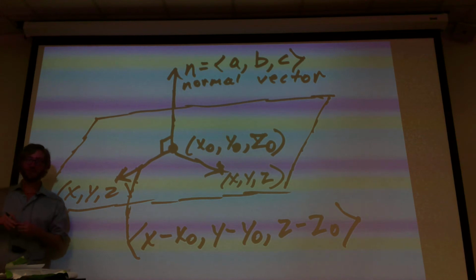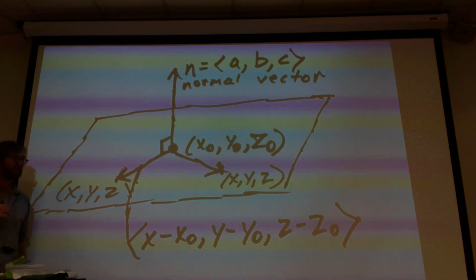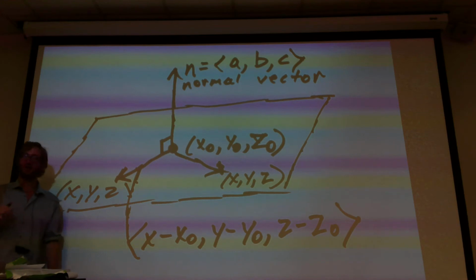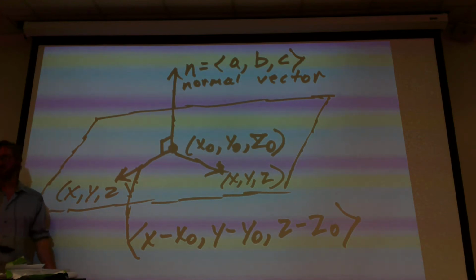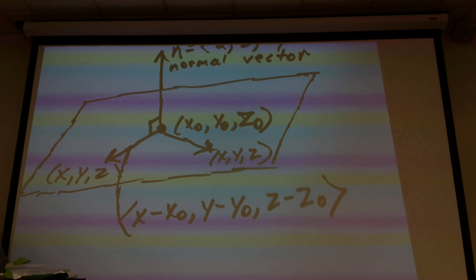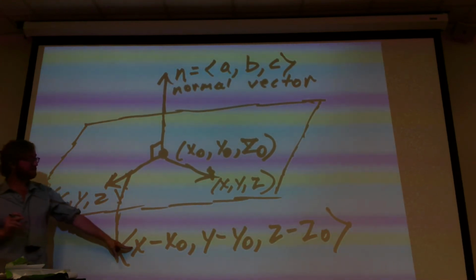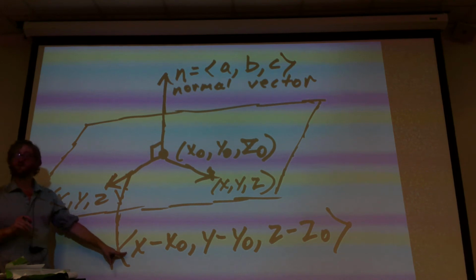From the last statement, if we do the dot product of two perpendicular vectors, it's going to equal 0. So what does this tell us? If I dot product A, B, C with any vector that exists within this plane, it's going to equal 0.